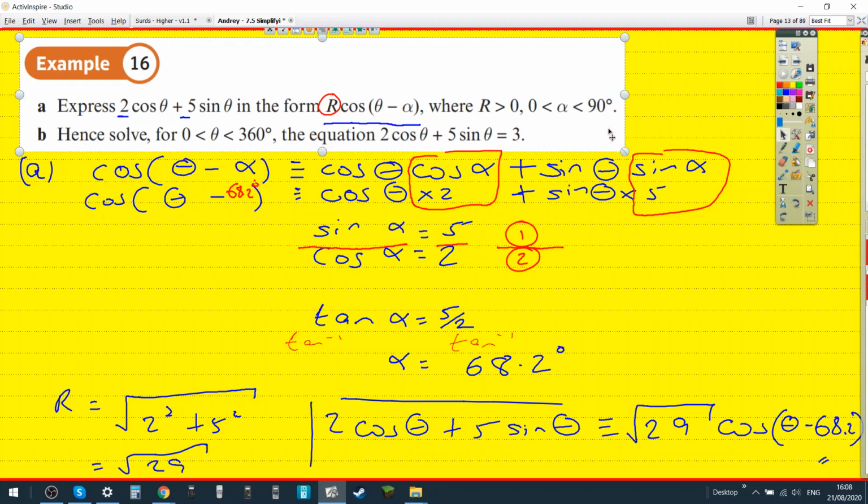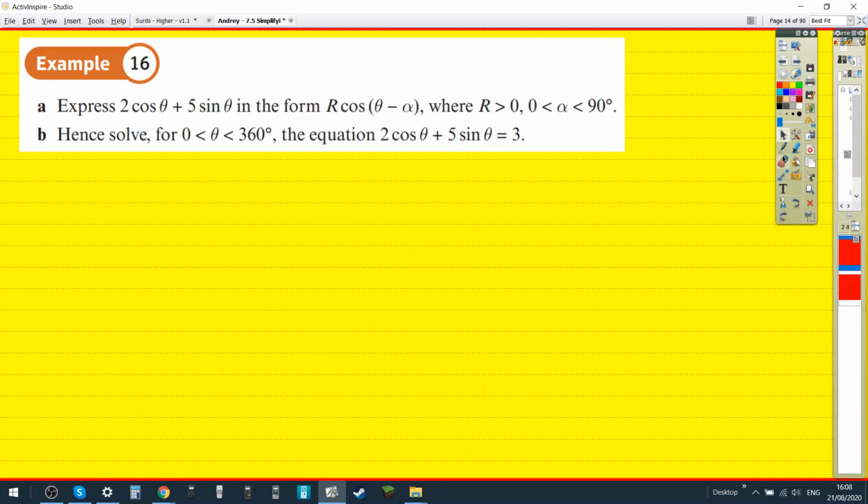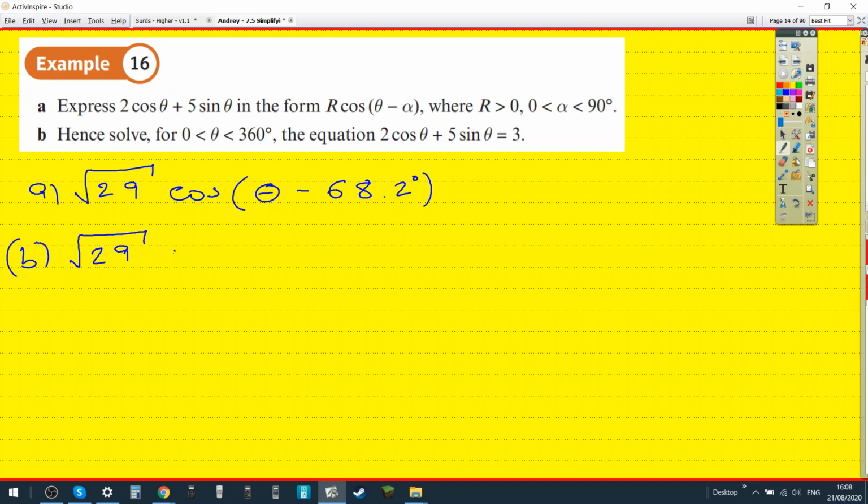So it says hence. Yeah, that usually means use the answer from the previous question. So would I need to do root 29 cos(theta minus 68.2) equals 3? Yeah, theta, I'm sorry, my bad. That's it, and then you solve that.